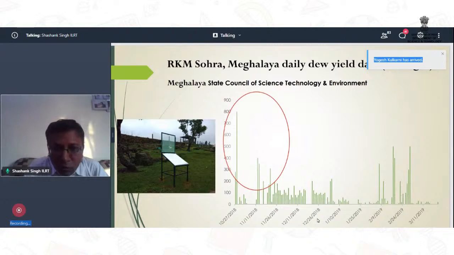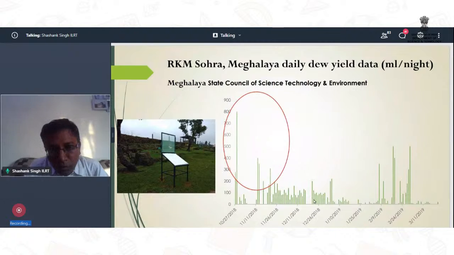The experiment is still going on, and we see the potential that we can harness this water in the off season, which can be a boon for the farmers there to grow some crops in the off season. Next slide, please.